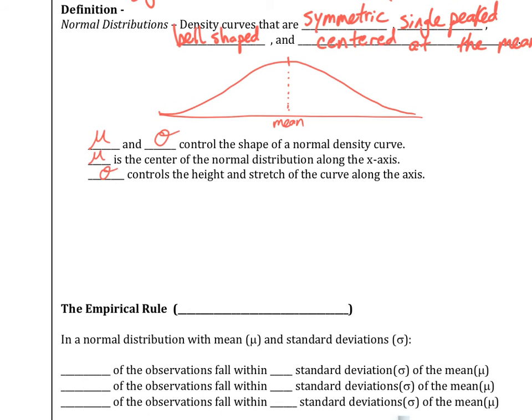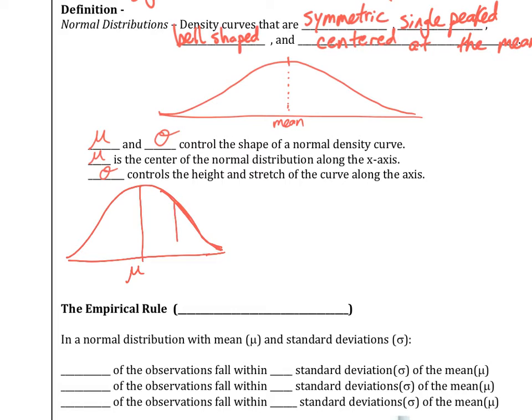So if I come down here, if I draw a normal curve, okay, it will look like, I'd say that's my normal curve. Not perfect, but it'll work. Okay, in the middle is the mean.